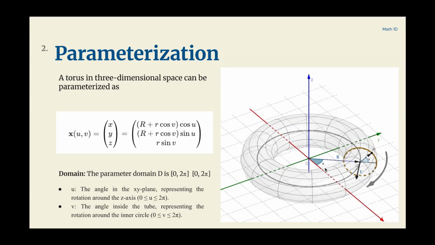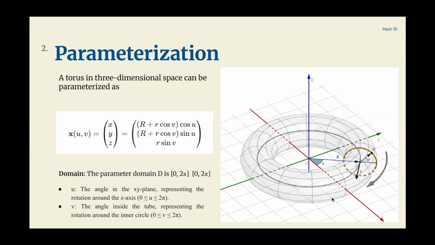And we use these 2 parameters to describe the x, y, z coordinate systems, and then we can tell exactly where we're describing. So for example, x is the big R plus the small r cosine v, and then times the cosine u, where we can get the x.